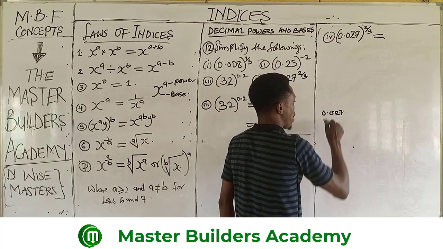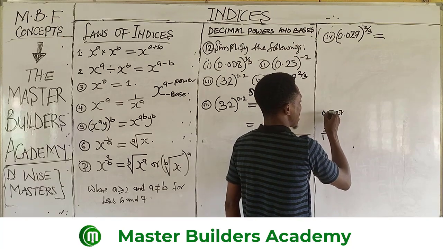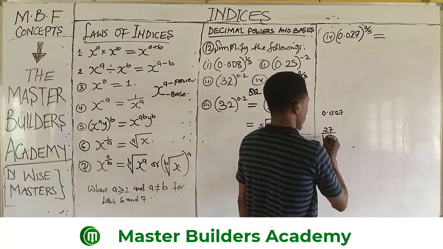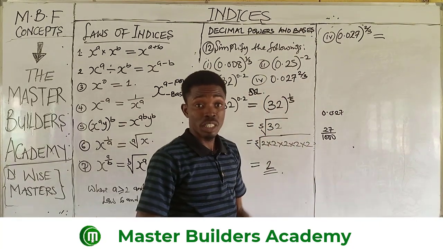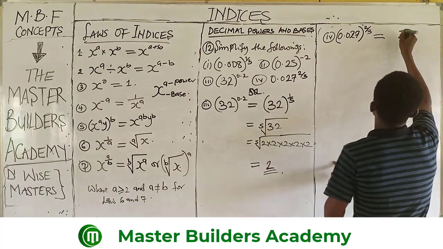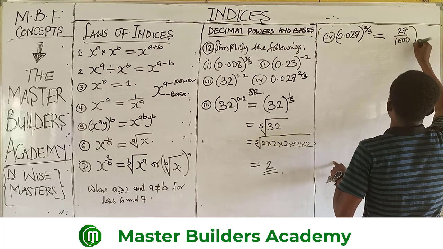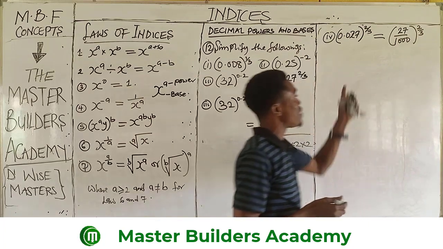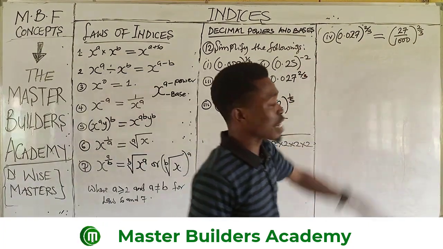So the actual number that we have here is 27, all over this decimal, turn it to be 1. After the decimal point, how many values do you have to the right? 3. So you have 3 zeros. To how many decimal places is this figure? To 3 decimal places. That means you have 3 zeros. That is to say, this would give us 27 over 1000, all raised to the power of 2 over 3.